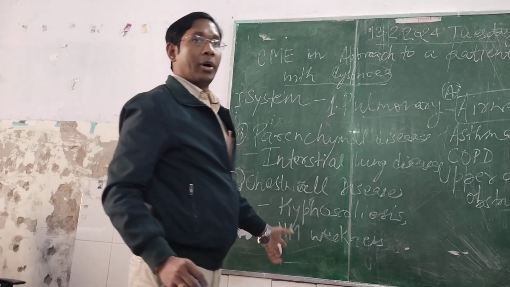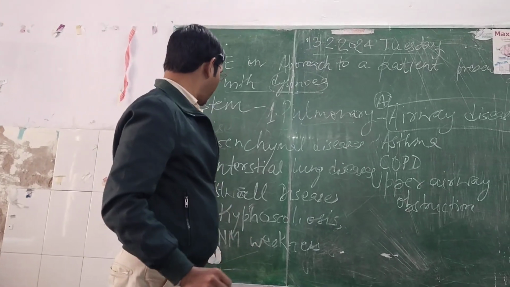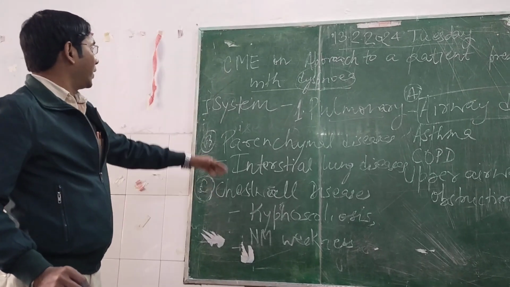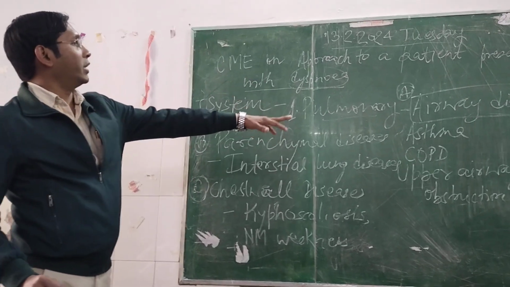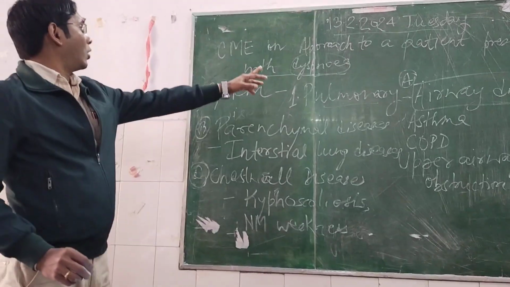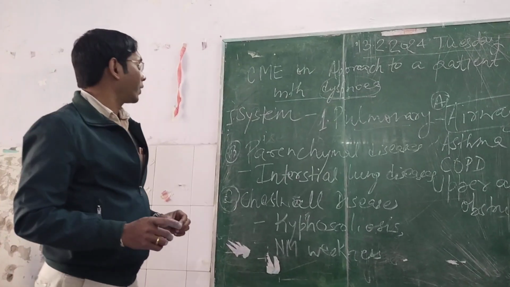Even in Guillain-Barré syndrome, there can be weakness of the chest wall. So, kyphoscoliosis and neuromuscular weakness. These are the examples of diseases of the pulmonary system which can cause dyspnea, right?